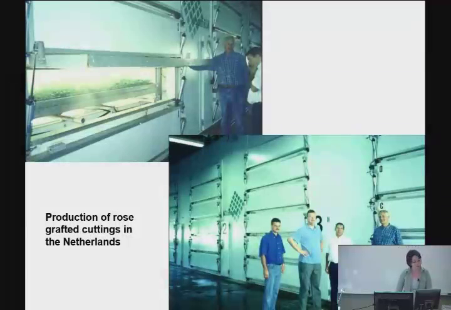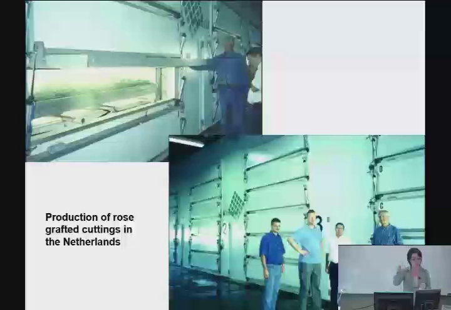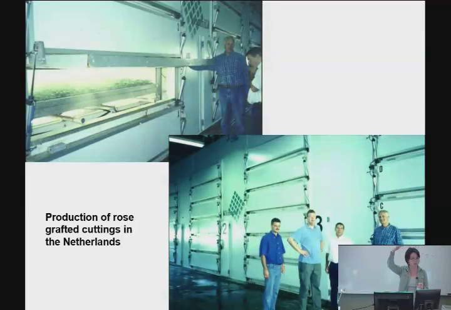Okay, all right, high-tech, high-tech. This is an old picture, probably 1991. It's in Holland. They are producing rose cuttings, so the rooted cuttings, the planting materials under multi-shelves environment.